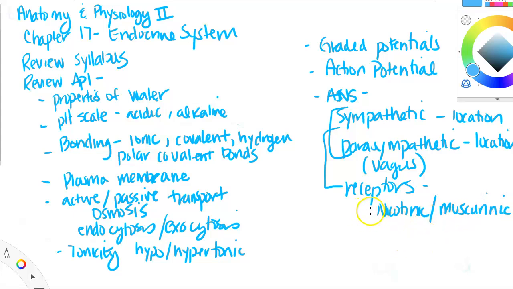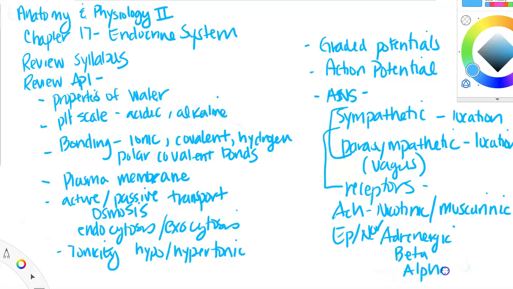Those are going to be cholinergic, which bind with acetylcholine, and then you've got adrenergic, and that's going to be epinephrine and norepinephrine. And those receptors are beta and alpha. So just go through those things.